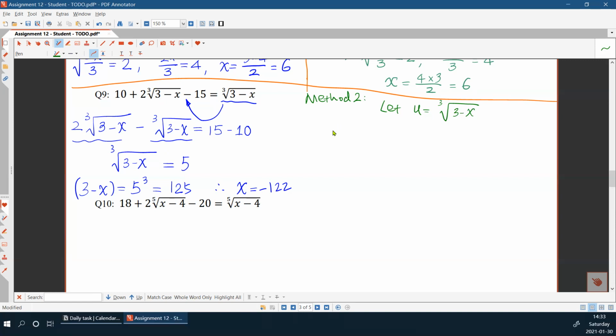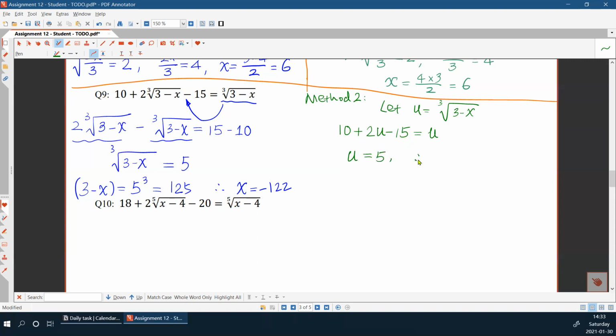Workable, right? So the original equation becomes 10 plus 2u minus 15. How about the right-hand side? Right-hand side is actually u, right? Now this equation is very easy to solve, which is u equals 15 minus 10, which is 5.